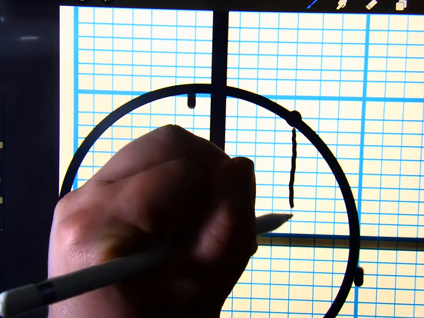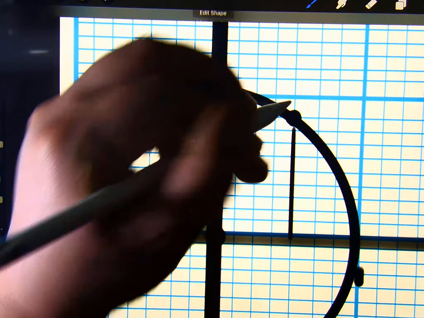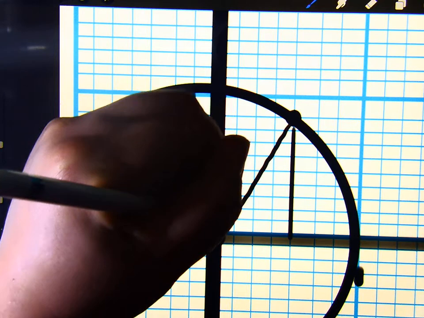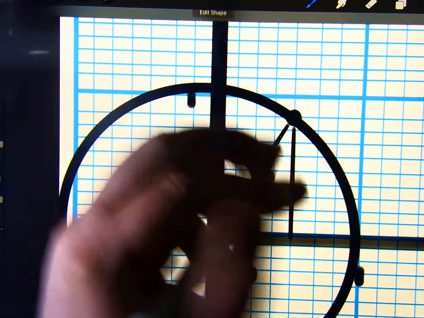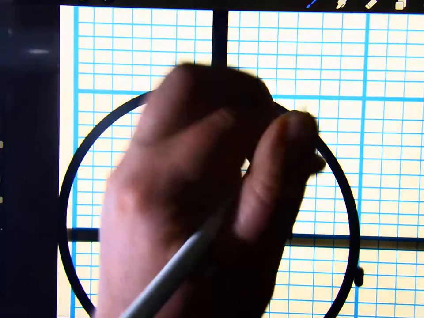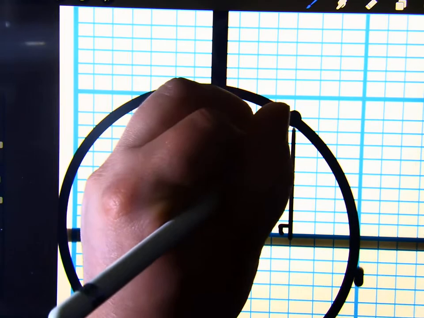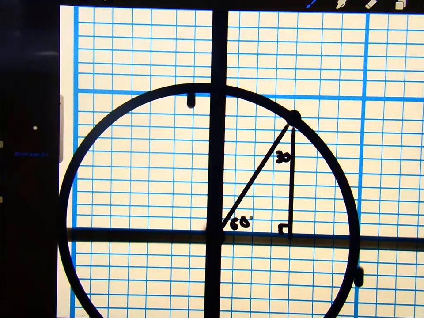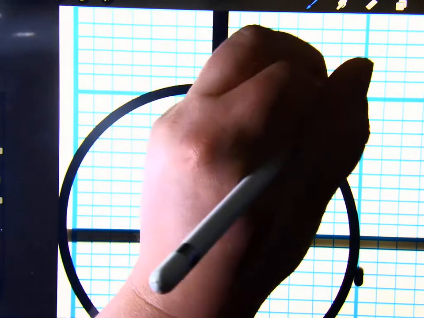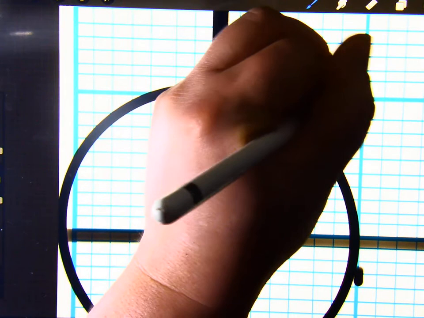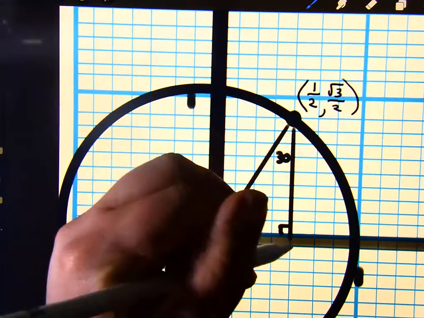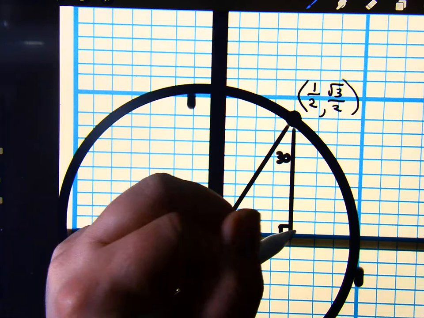So if you can imagine putting our triangle in here, and this is 60 degrees, 90 and 30, then my coordinate is going to be the 1/2, radical 3 over 2. And that's my y, and that's my x.